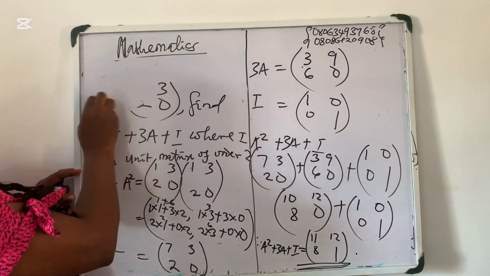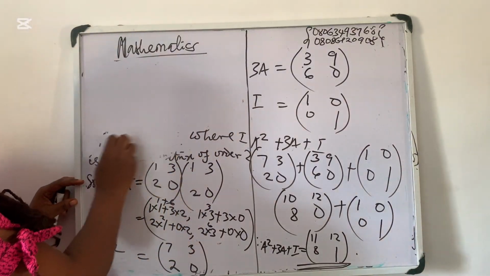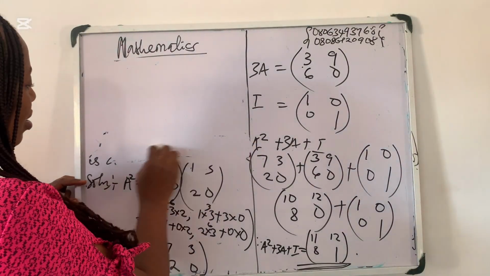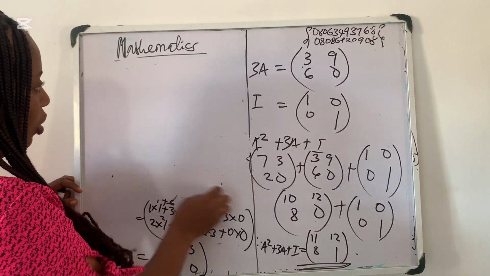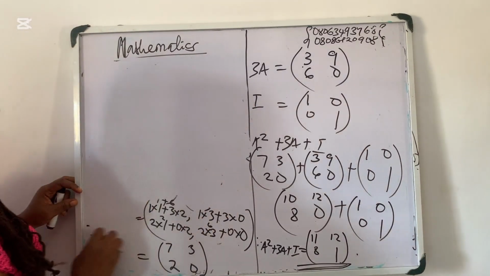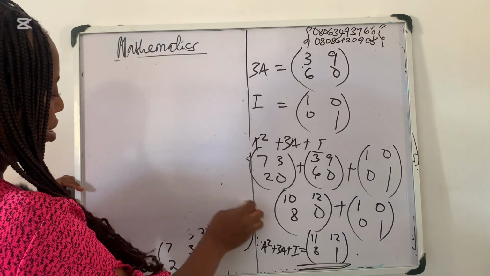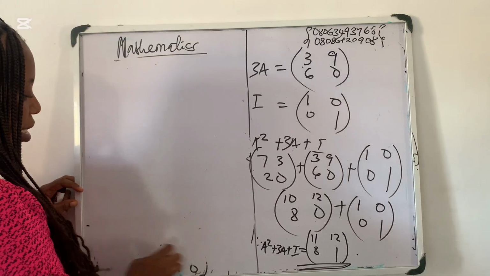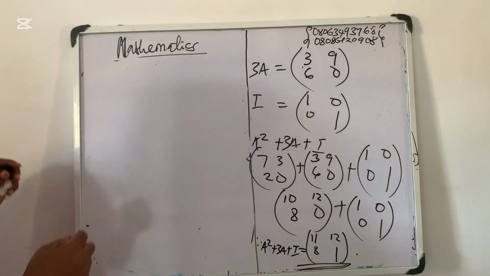Let's go further to what we call transpose. The transpose of a matrix. I don't need to say much on the transpose of a matrix. The transpose of a matrix is simply interchanging row for column and column for row.